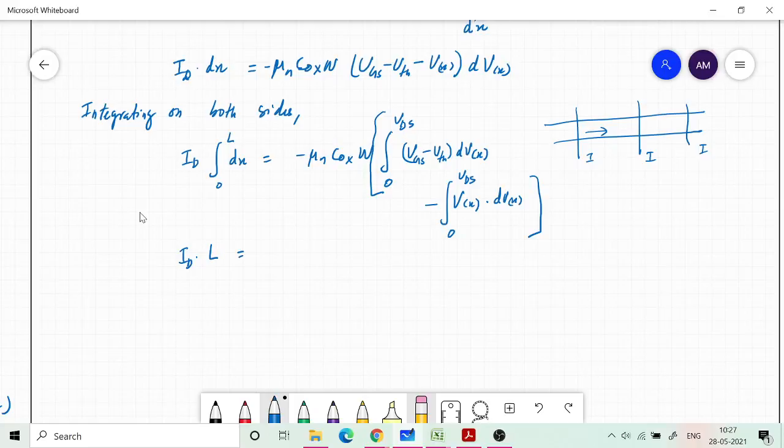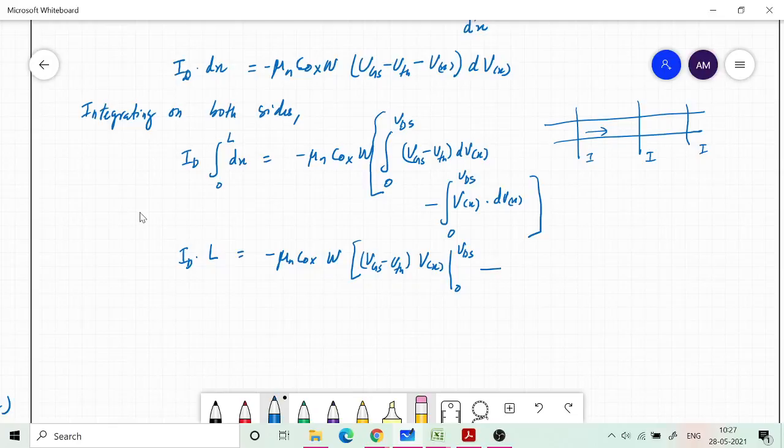So this integral is simple: ID into L. Basically the integral of dx is x, and then you will get L. Here I will get minus mu n Cox W. So I have two terms. The first term, VGS minus VTH, is constant with respect to dV of x, so here I will have V of x from 0 to VDS.